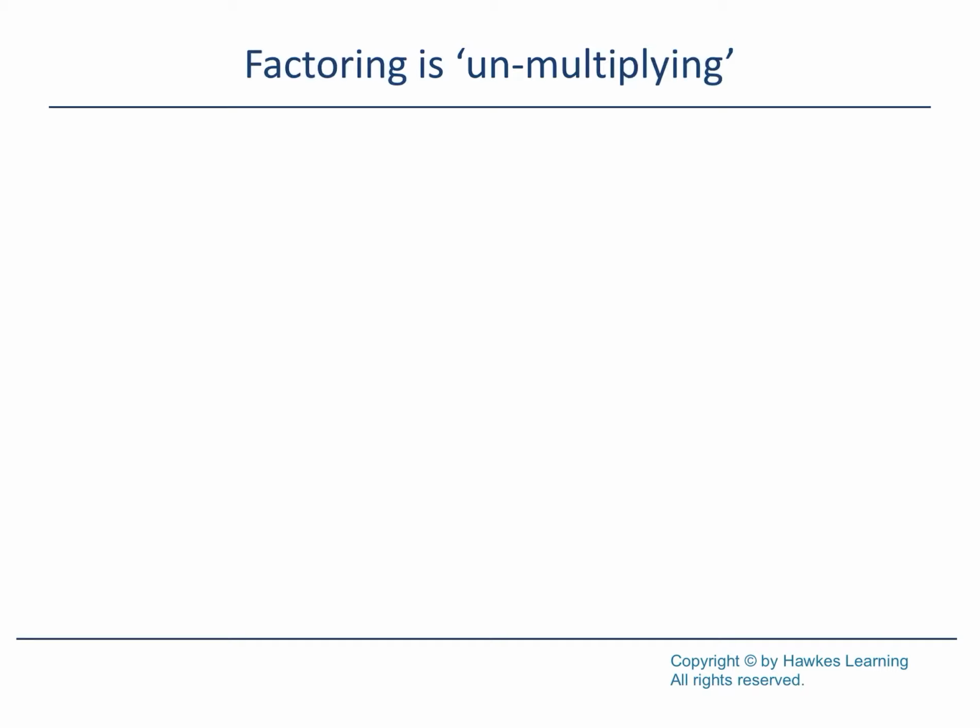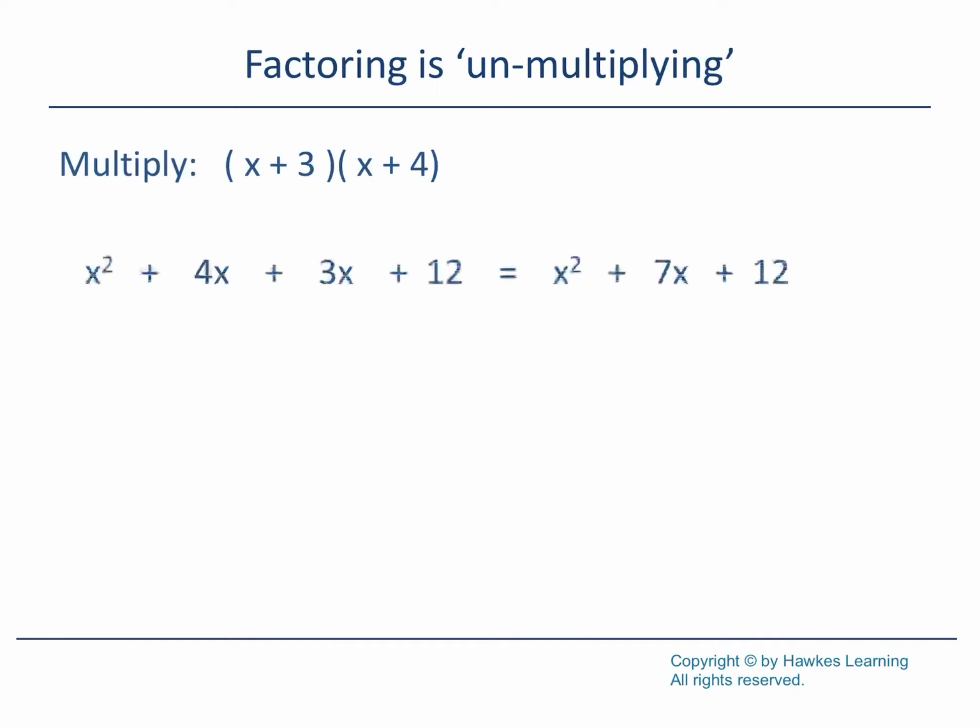So factoring, as you may have noticed, it's kind of like unmultiplying. There was some multiplication done, and now we're working backwards to figure that out, right? So remember how we multiplied.